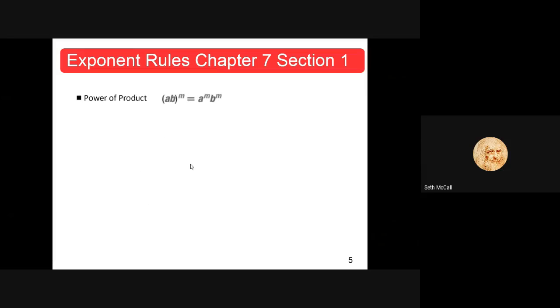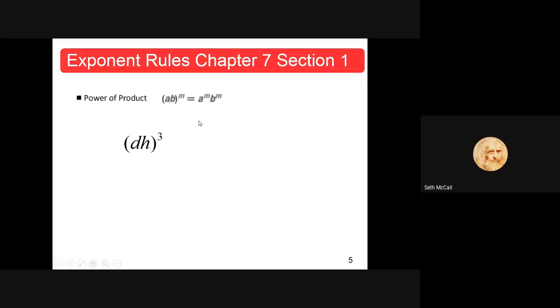The last property we're going to look at today is the power of a product. And that's where you have two or more things inside the parentheses that are all multiplying together. And then outside of the parentheses, there is a power that would go to everything on the inside. In this case, there's only two, but there can definitely be more than two.